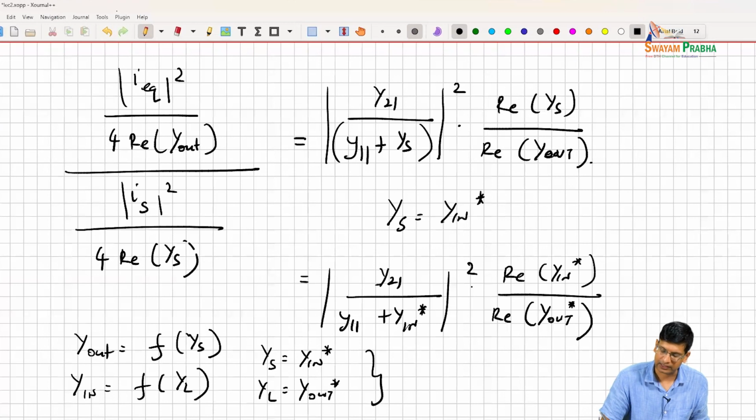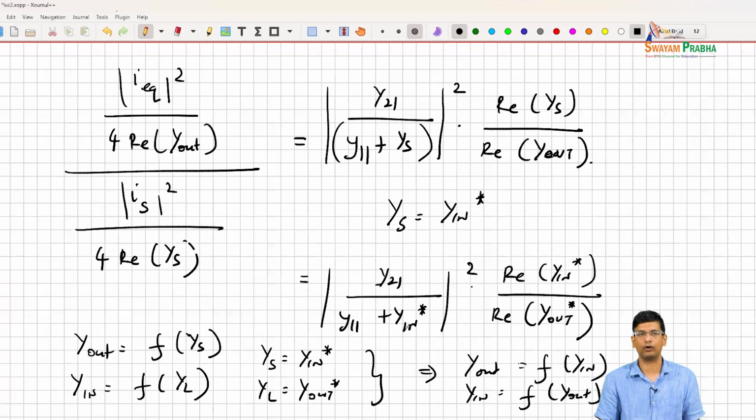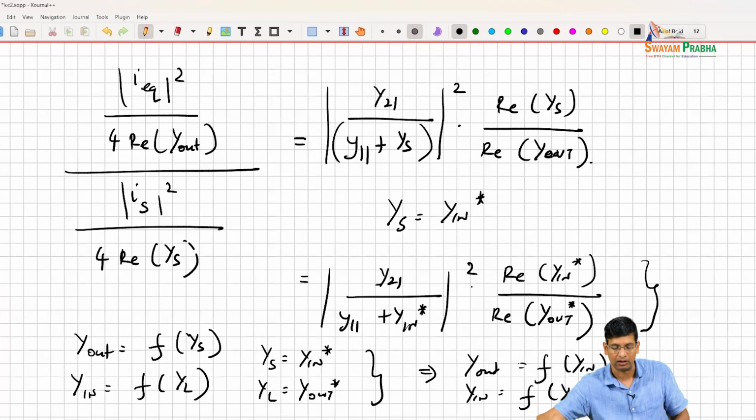So, this implies that Y out is a function of Yin, and Yin is a function of Y out, for conjugate match. Both of them interact with each other, and you have this equation for the maximum power gain.